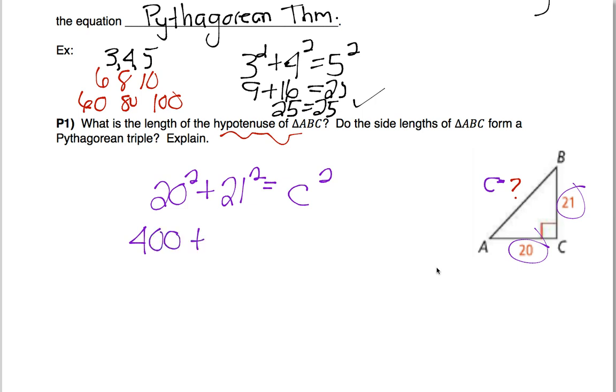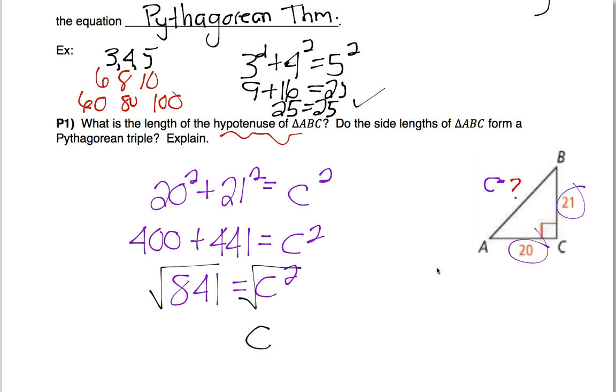Do not add those together first and then square them. Exponents before addition, that's just a silly mistake that's made sometimes. And then to get C by itself, we're going to square root both sides. So C equals the square root of 841, which is 29.